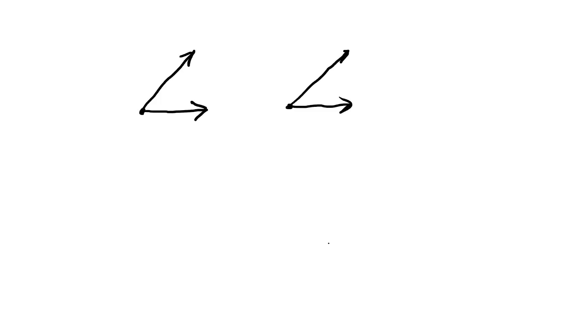If we have two angles, one that looks like this, and another that looks exactly the same. Let's say this one is 45 degrees, and this angle, let's say it's 405 degrees.